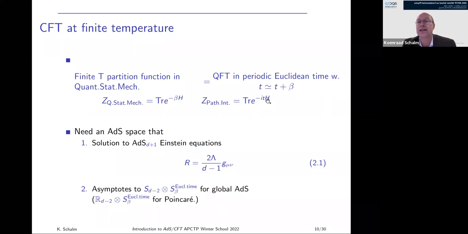So if you make this Euclidean and you identify it periodically, you get an identification between this finite temperature partition function and the dynamical QFT.